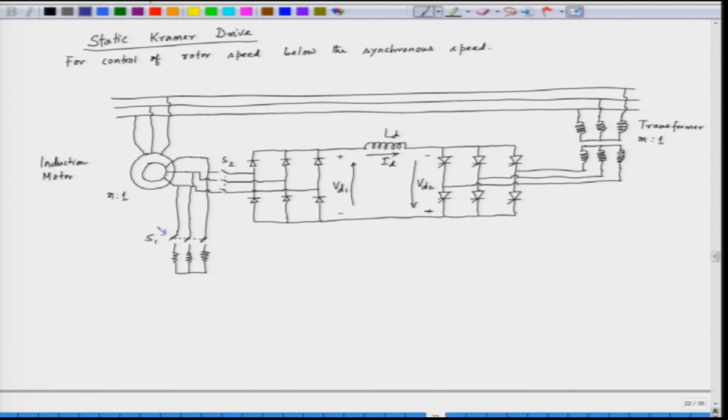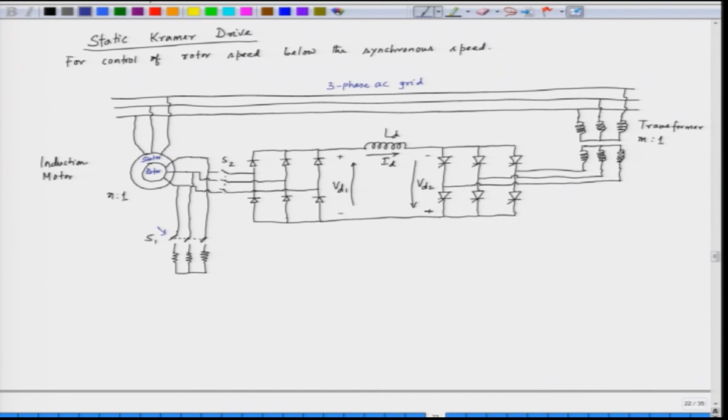As a result, this is our rotor circuit, and we have the stator in this case. The stator is fed from the 3 phase supply, this is our 3 phase AC line, the AC grid.